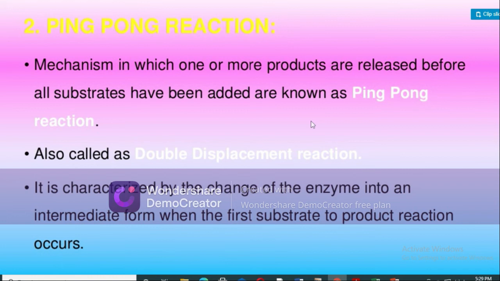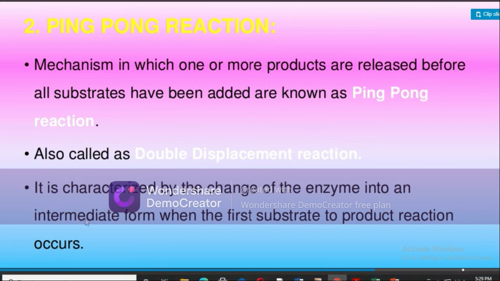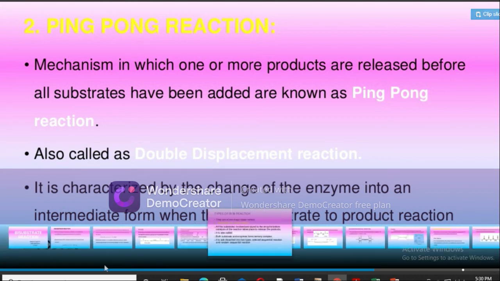That is why you have substrates A and B. If A binds to your enzyme, the initial substrate must be converted to product before the second substrate binds. It is characterized by the change of the enzyme into an intermediate form when the substrate-to-product reaction occurs.